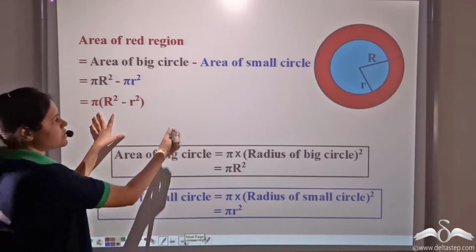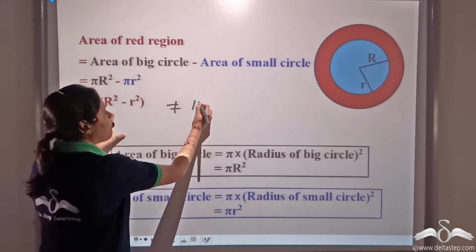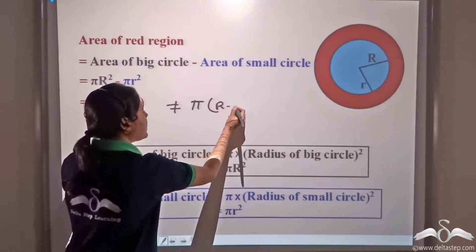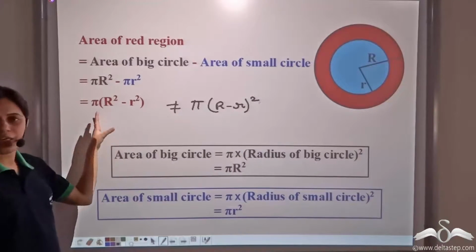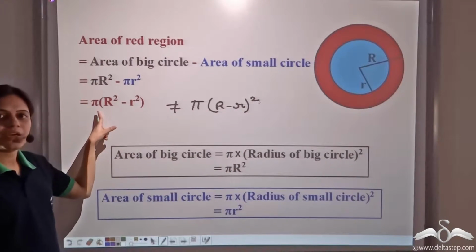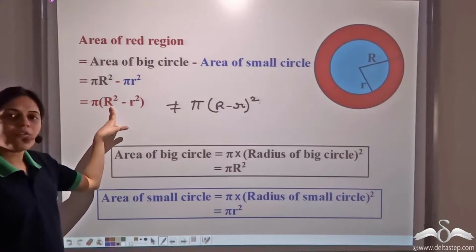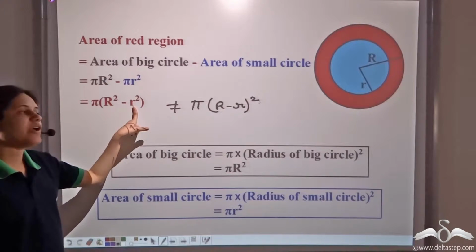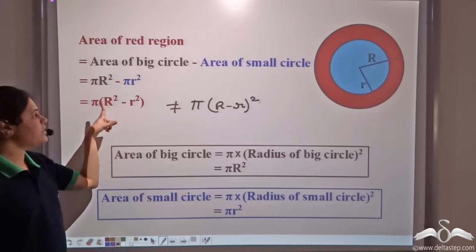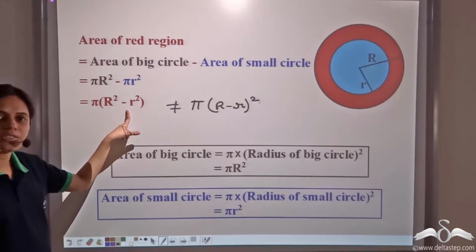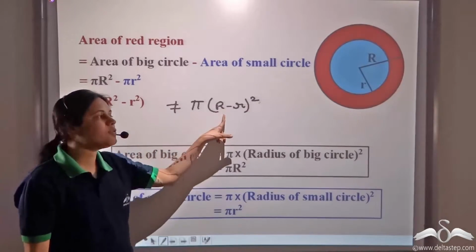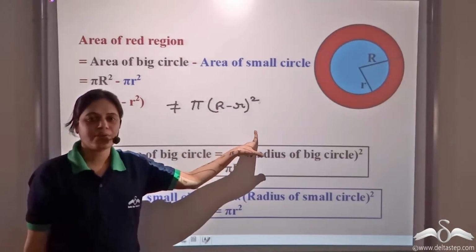Remember, this is not equal to pi times (R minus r) whole square. So the area of a ring is given by pi into square of bigger radius minus square of smaller radius, that is square of outer radius minus square of inner radius. It is not pi into (R minus r) whole square.